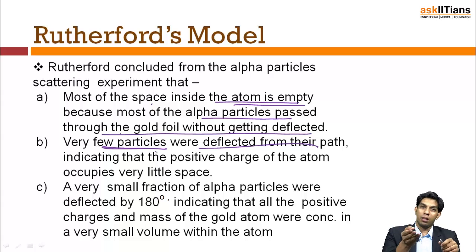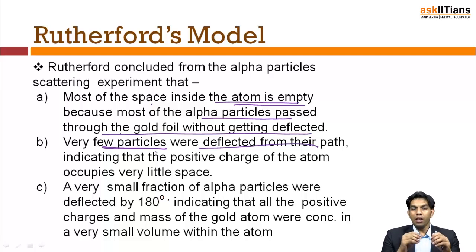And since only a few alpha particles were deviated, it means only a few were able to move close to the location where the positive charge is kept inside the atom. So the positive charge is located in a very confined, very little space.